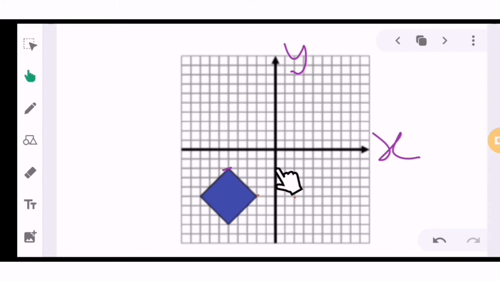So after the reflection, we should also have 5 units. 1, 2, 3, 4, 5. So our point is going to be this place. Yes, that place.